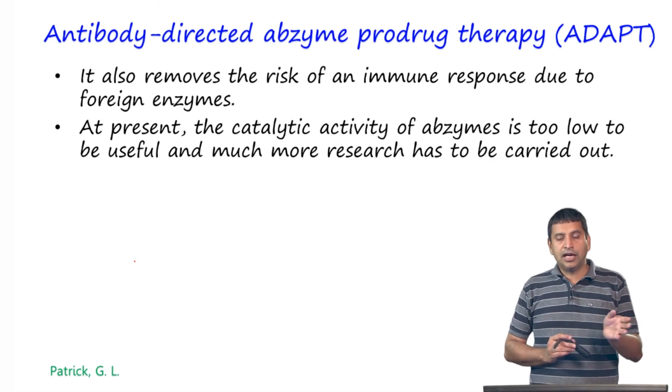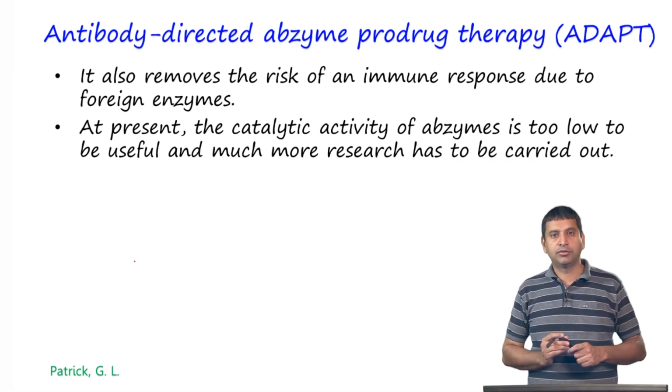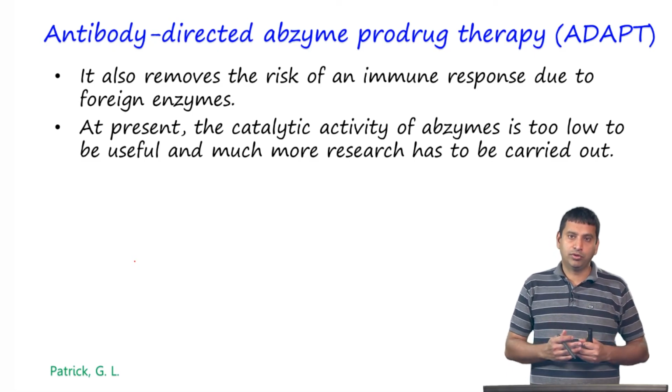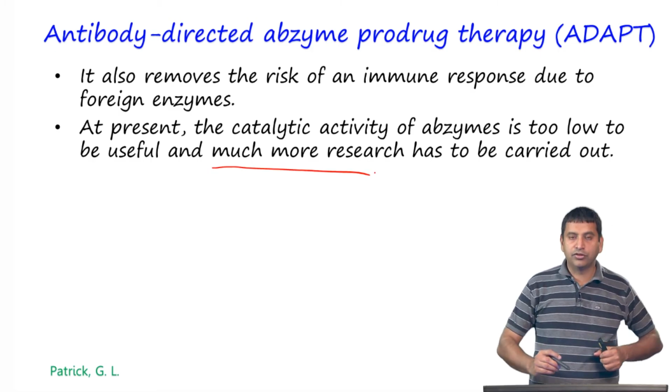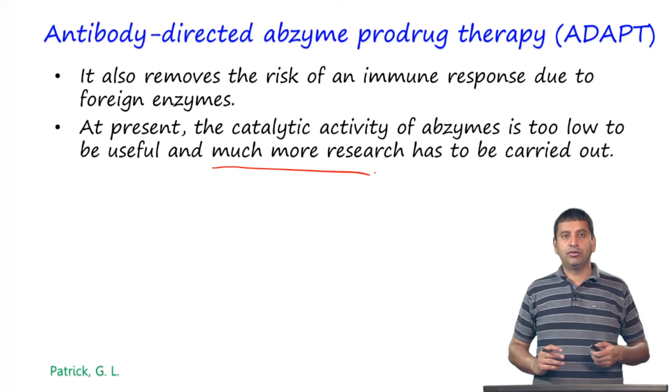Since the antibodies are raised using human-like proteins, it reduces the risk of an immune response that is associated with, for example, bacterial enzymes. At present the catalytic activity of abzymes is too low for it to be useful. So, there are a number of researchers who are working on improving the catalytic properties of abzymes so that you can use it for ADAPT.